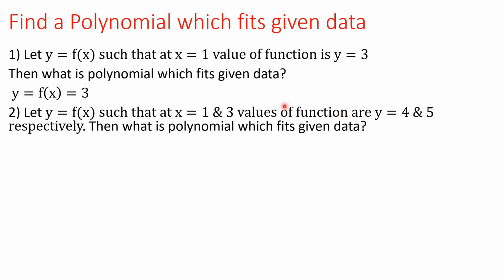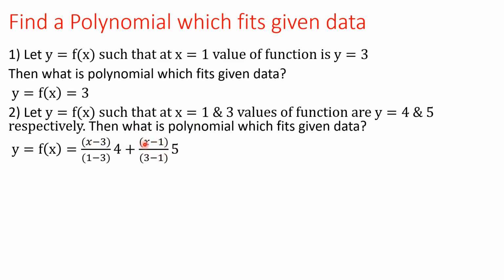So what we can do here, okay, look at this. y is equal to f of x is equal to (x minus 3) upon (1 minus 3) into 4, plus (x minus 1) upon (3 minus 1) into 5. Okay, so look at this function here. When you put x is equal to 1, see what happens. This second term will become 0, right?